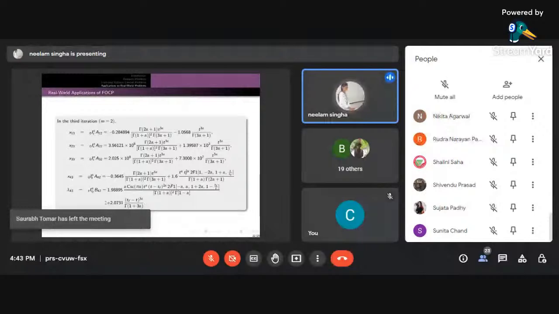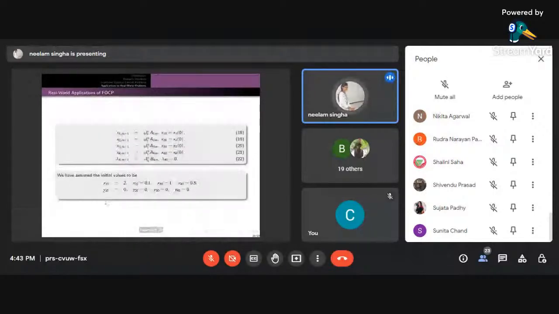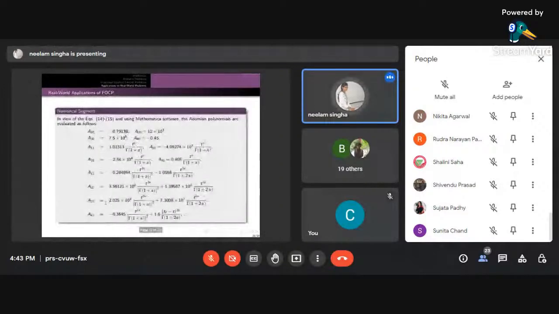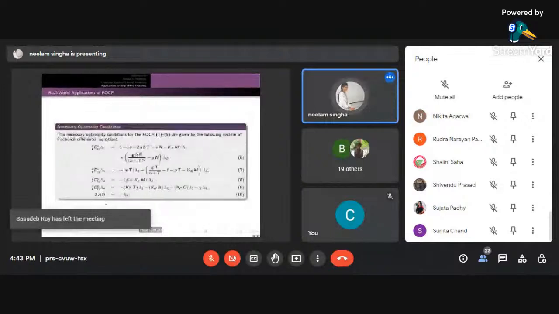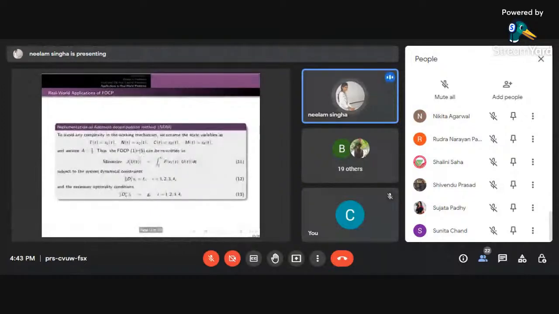But what is the advantage? The advantage is that if you are applying Adomian decomposition, then this set of differential equations is simply broken down into simple linear equations, or very simple equations which we are able to understand very easily.